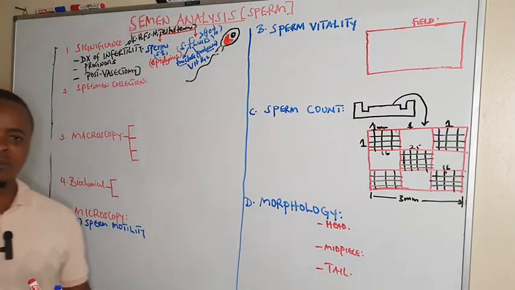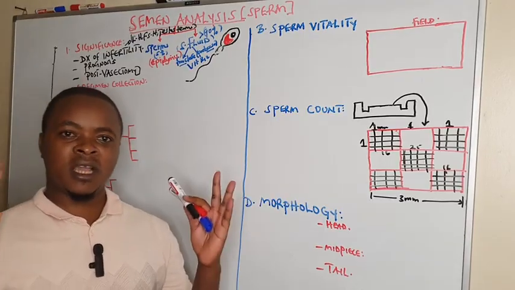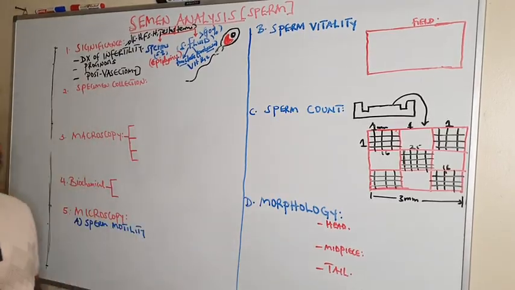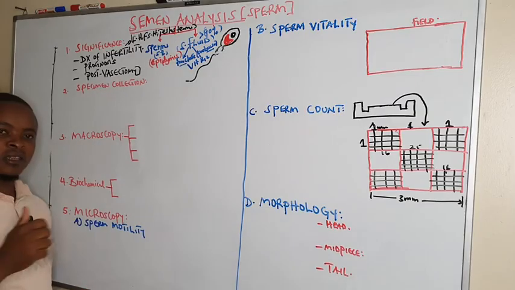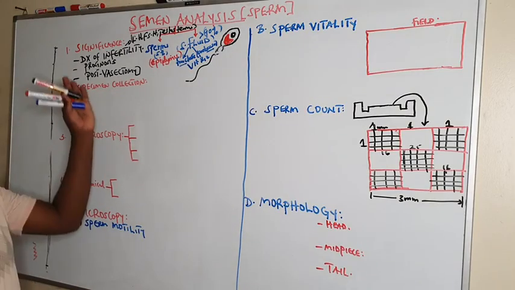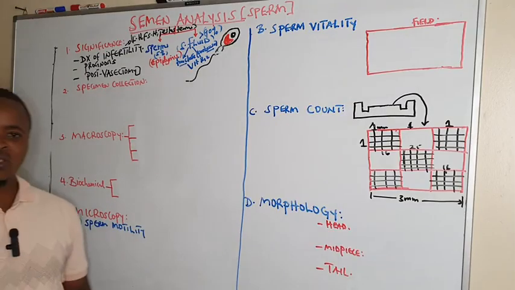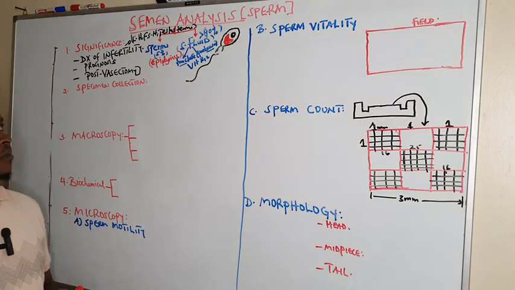And if we see sperms, it means it was not successful. Then azoospermia, absence of sperms, will show you that the vasectomy procedure was successful. So this is some of the significances of why we can carry out semen analysis.